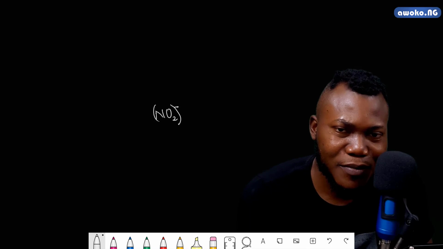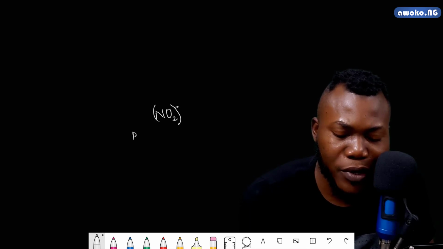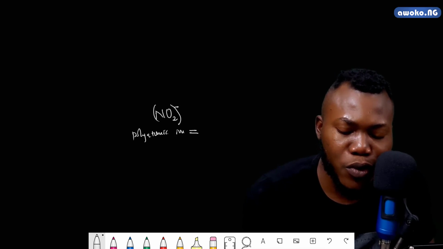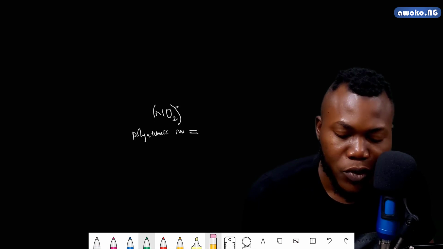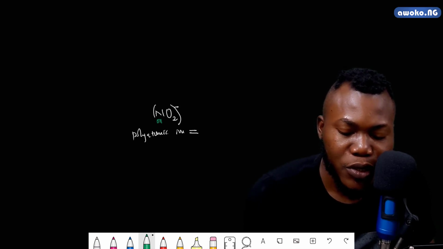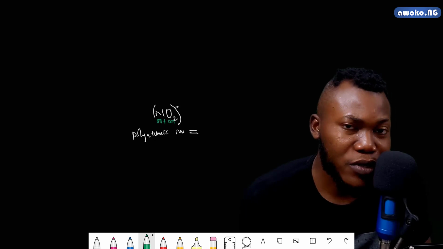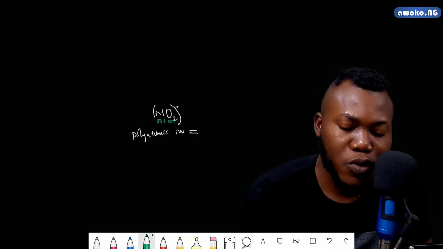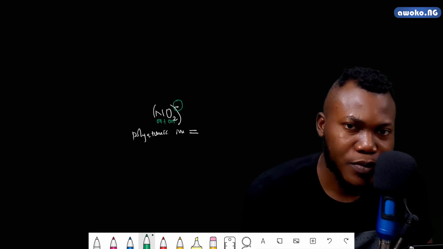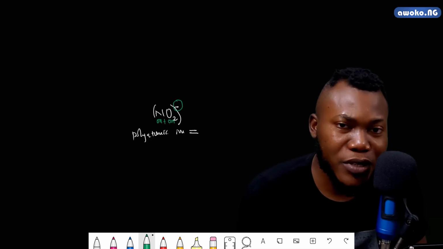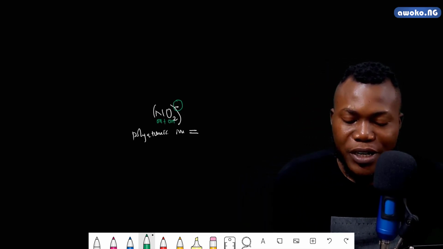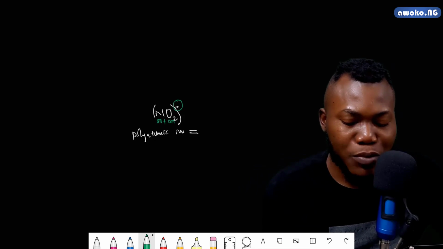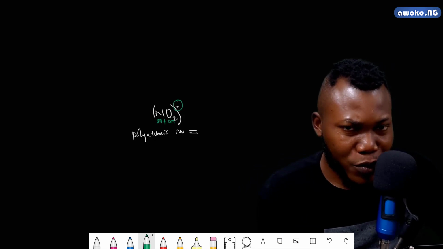In this case, the oxidation number for a polyatomic ion is always equal to the number on its charge. So if I add the oxidation number of the nitrogen to the oxidation numbers of the oxygen, it must be equal to -1. This simply means that the individual oxidation numbers in a polyatomic ion must add up to the number on the charge.